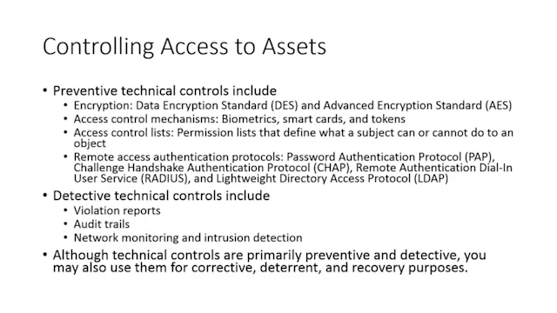AES 256, 256-bit, is the standard for top secret military data. So AES is a pretty strong algorithm, pretty strong encryption that we can use. Access control mechanisms, those are preventative technical controls as well, like biometrics, smart cards, access tokens that you may have.